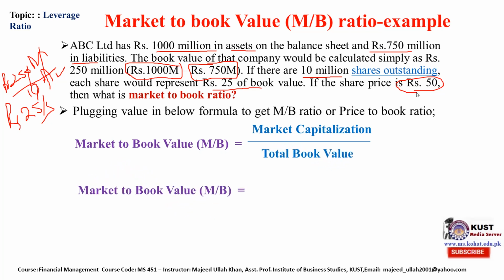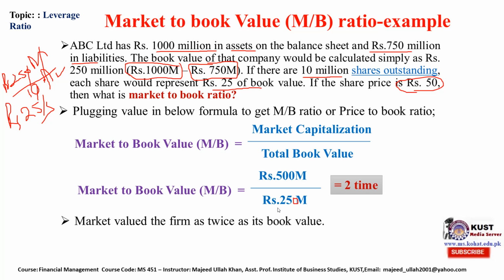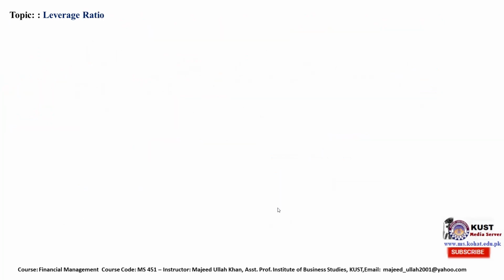So market capitalization is 500 million divided by 250 million, sorry, this is a typo, it is 250 million, which will be equal to 2 times. So it communicates that the market value of the firm is twice its book value. So the investors overvalued the share of ABC Limited.